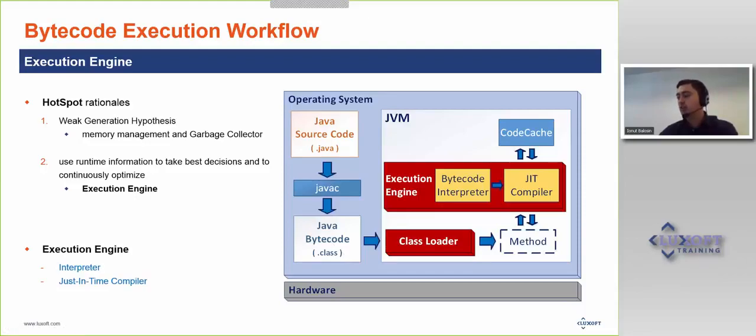We discussed in the previous slides the structure of the bytecode, but how is it in fact handled by the JVM during runtime? Initially, we have a class loader that loads that bytecode, and once a method is being invoked, we have in the execution engine the bytecode interpreter and the just-in-time compiler. Just one sec.